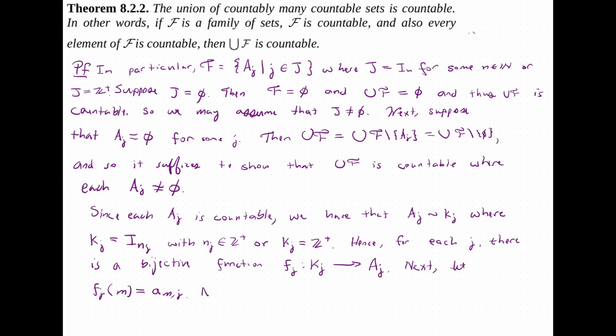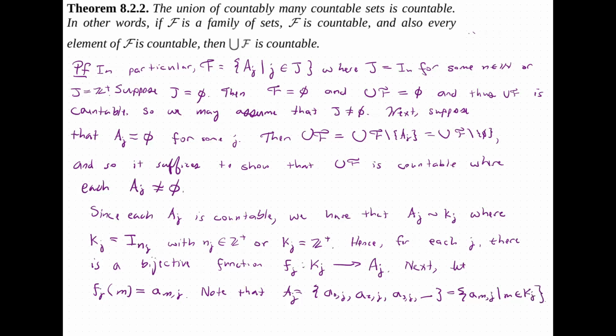So note that a sub j is equal to a sub 1 comma j, a sub 2 comma j, a sub 3 comma j, and so on and so forth, or in a more succinct manner, this is the set of elements of the form a sub m comma j, where now m is in k sub j.